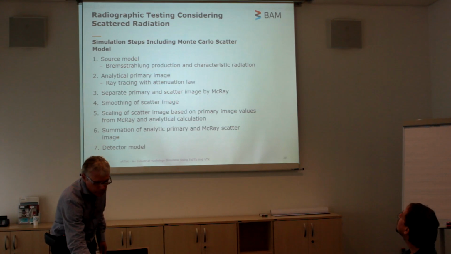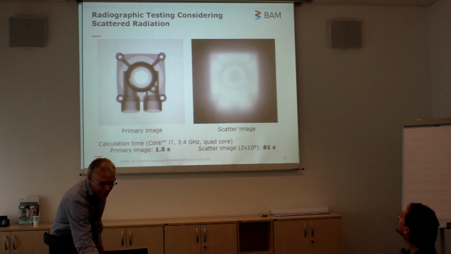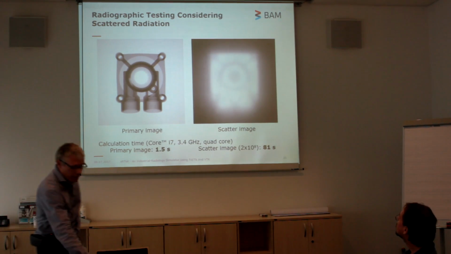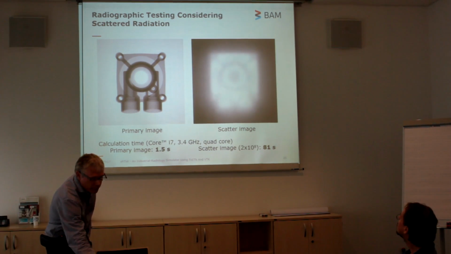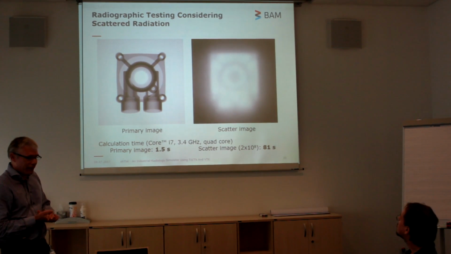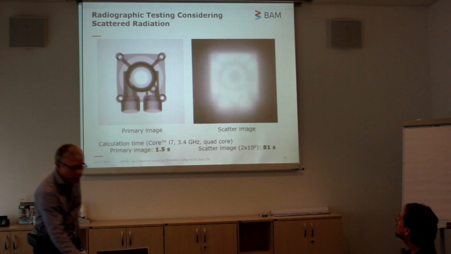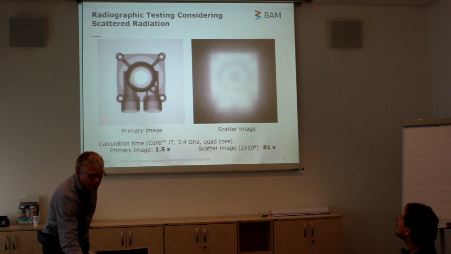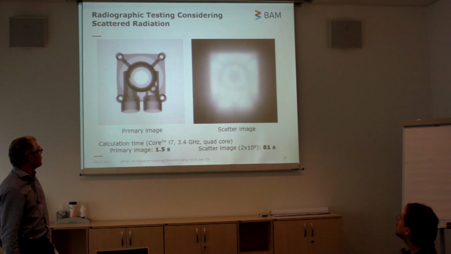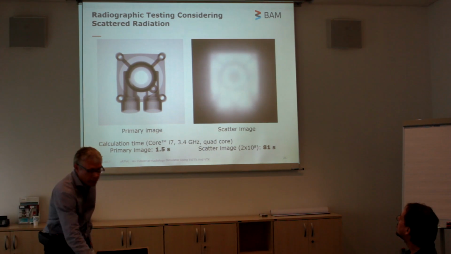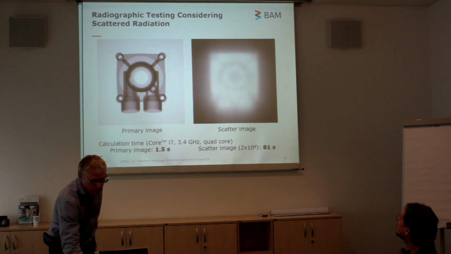I don't want to bother you with the details, but let's look at the results. Such a primary image, so just the attenuated radiation coming straight to the detector, gives such an image, and in comparison, the scatter image on the right. And all the calculations here are done on a normal business PC.